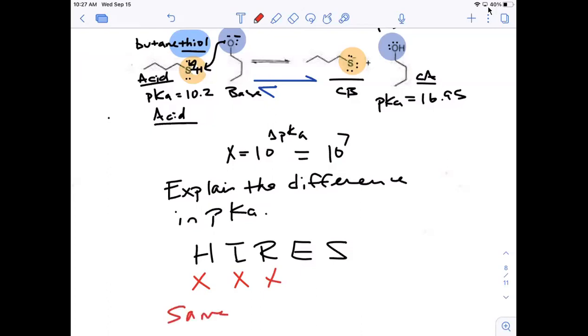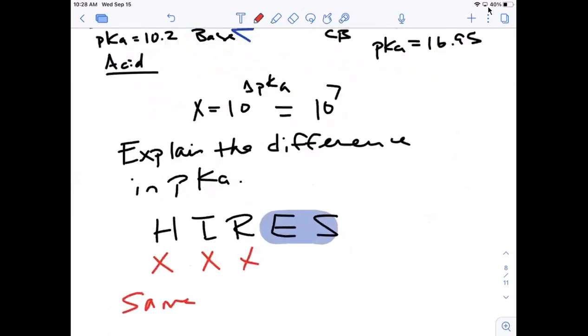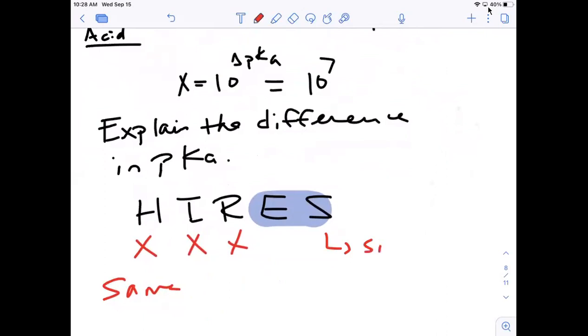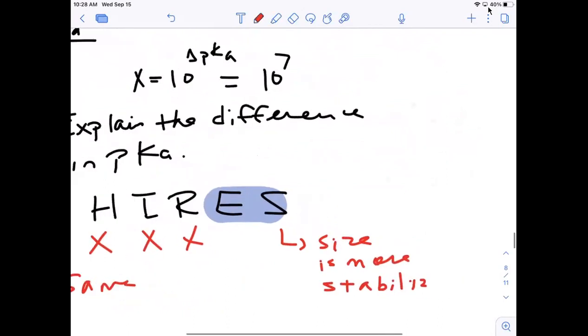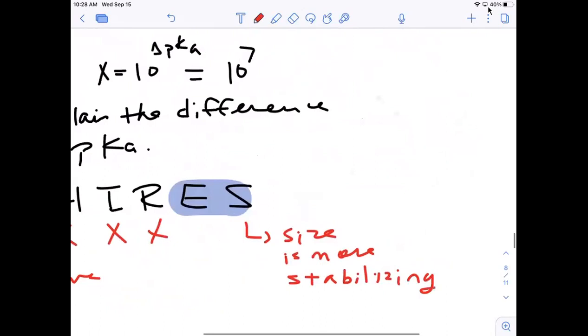Right, so it's going to come down to these 2 factors, electronegativity and size. And I think in one of the videos that compared size and electronegativity, the size is more stabilizing, right?